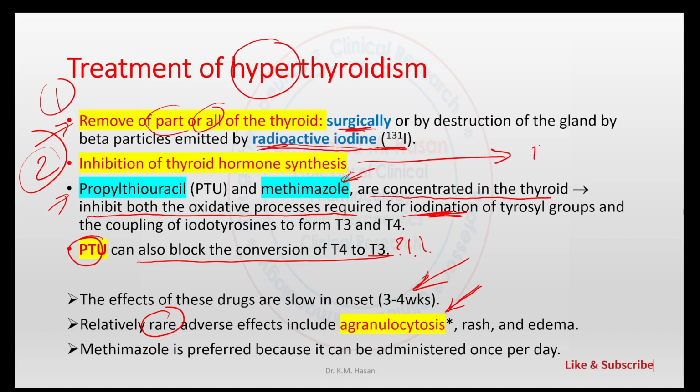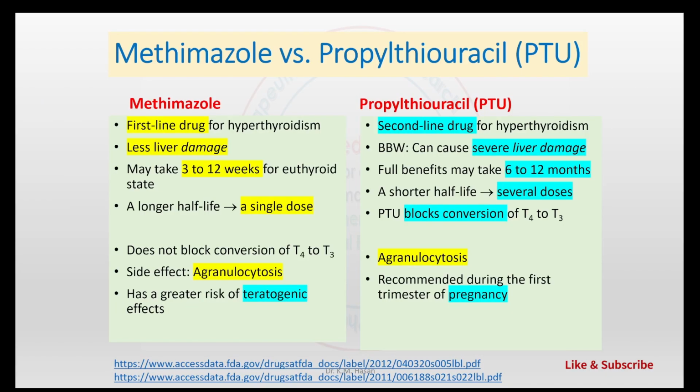This may be the similarity between propylthiouracil and methimazole. But what is the difference here? Propylthiouracil inhibits conversion of T4 to T3. So we have a slide here to compare propylthiouracil and methimazole. Methimazole, we prefer as a first-line therapy, less liver damage. Propylthiouracil is second-line therapy, and may cause severe liver damage.